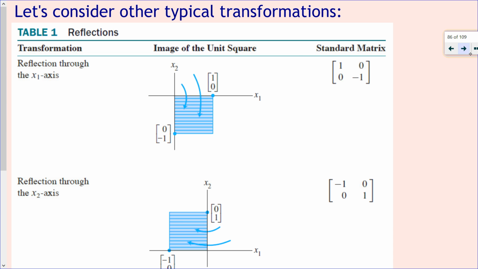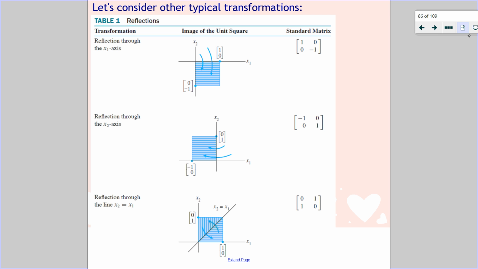So our first one is reflections. And so these are reflections in the x1 axis, the x2 axis, and over the line x2 equals x1. Is this too small for you? Because I can zoom in and then scroll. So the x1 axis is the horizontal axis.